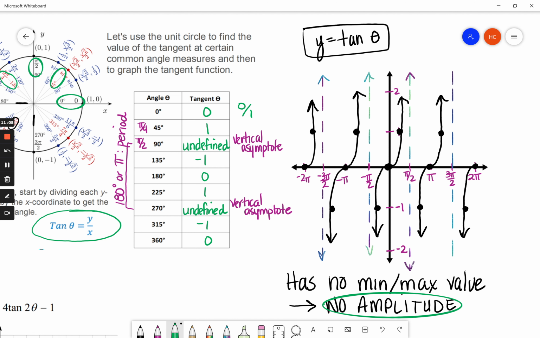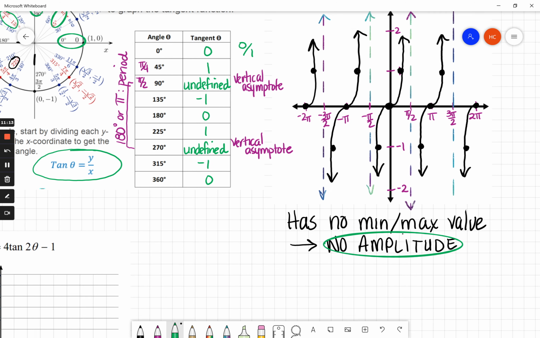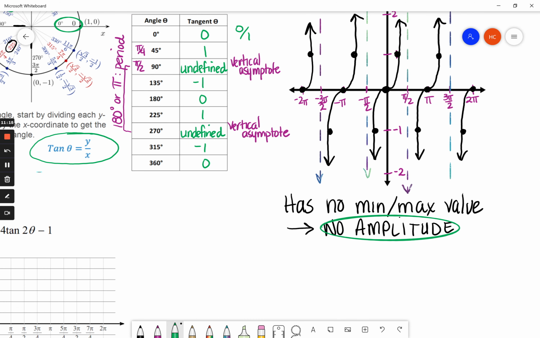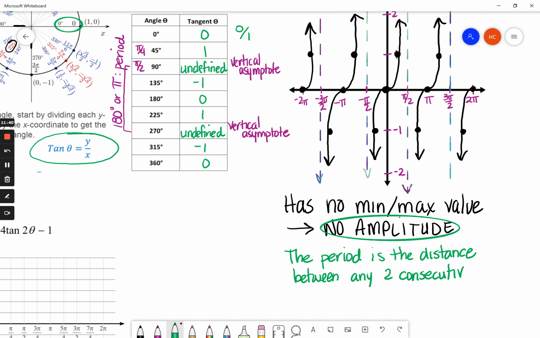We do not have an amplitude for a tangent function. Notice also another feature: the period of our tangent function. The period is the distance between any two consecutive vertical asymptotes.